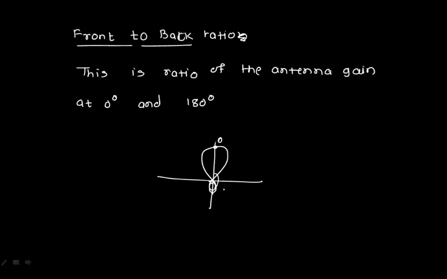Now the next one is the antenna bandwidth. This is a very important parameter. How will we define antenna bandwidth? Bandwidth is the range of frequencies in which your signal lies. If we want to find the bandwidth of any signal, what about the antenna bandwidth?